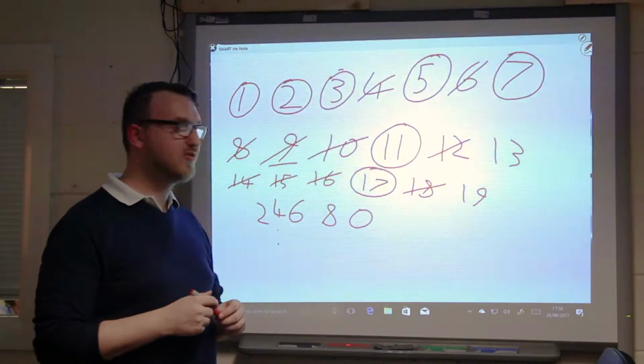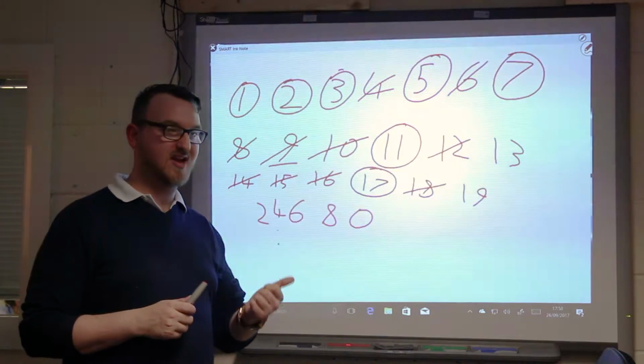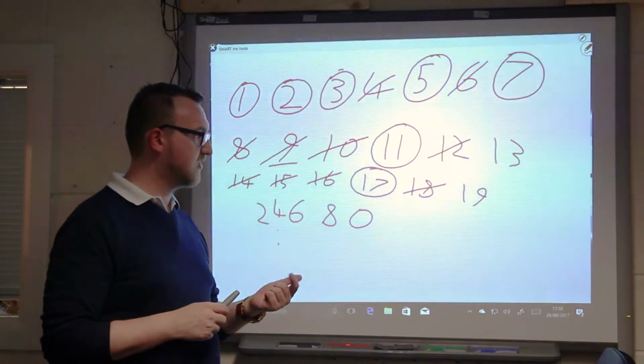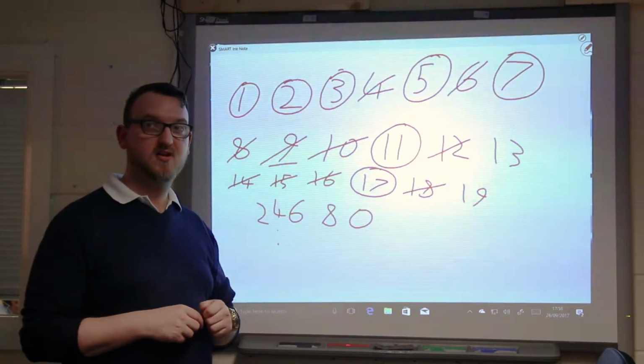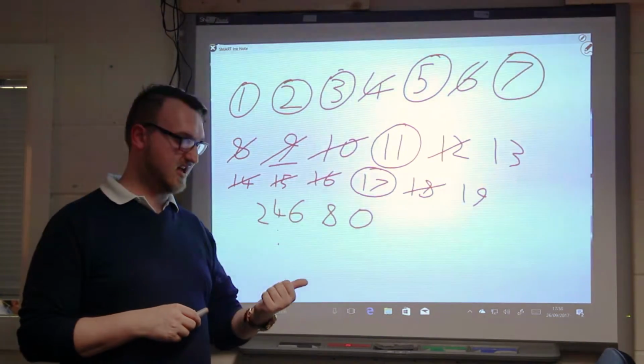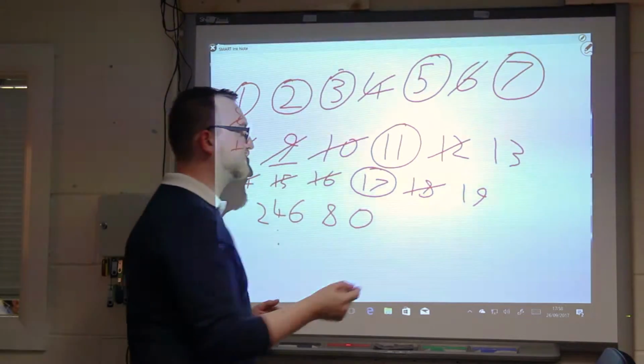And the way that you can tell those kinds of numbers is because, well, if we do the 8 times table, we have 8, 16. We can do the 9 times table, 9, 18, or the 10 times table, 10, 20. 19 didn't fit into either of those. It must be prime.